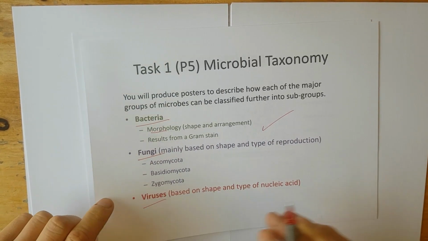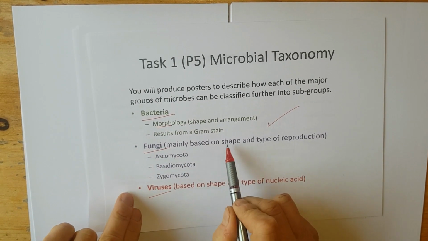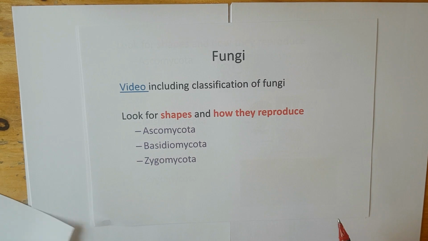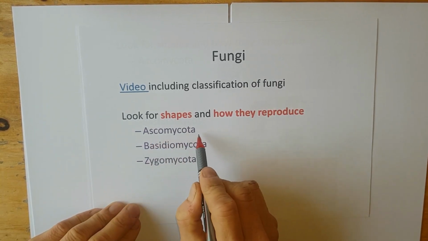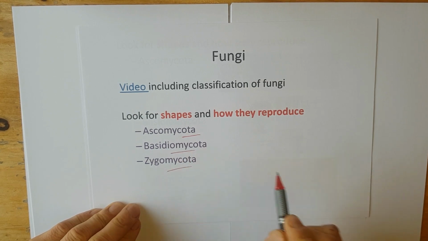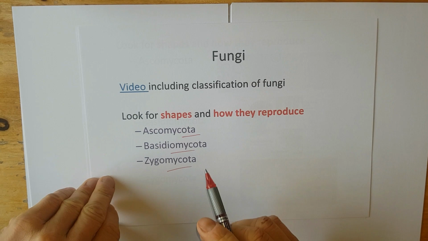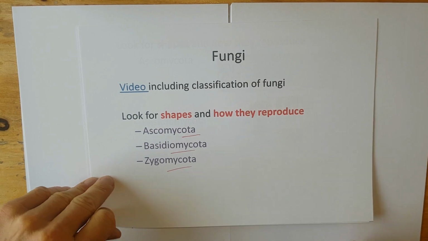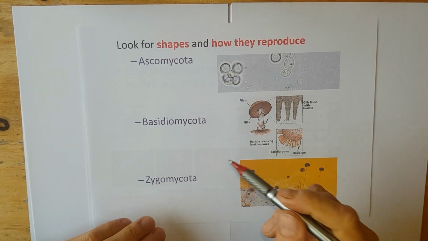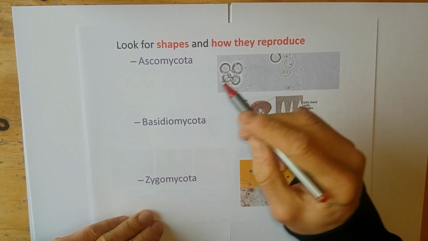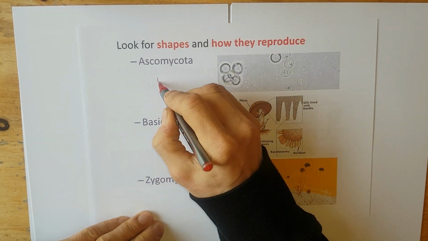Let's talk about the fungi. So shape and type of reproduction. These are the 3 types that you need. You've already got this PowerPoint somewhere with all the links to the videos. And here they are. So Ascomycota, you've already seen some of these.